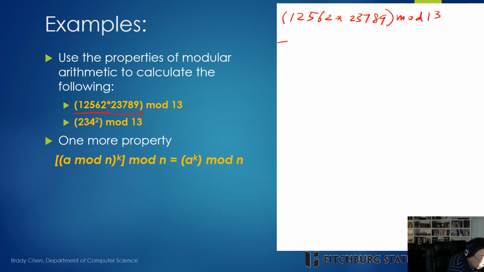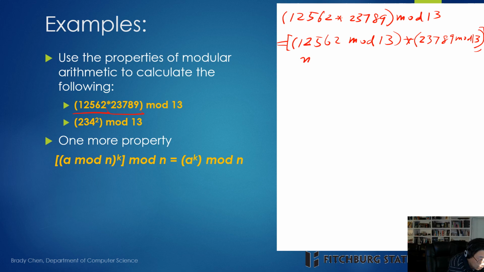So we can do 12,562 mod 13 first, right? And then times 23,789 mod 13, right?